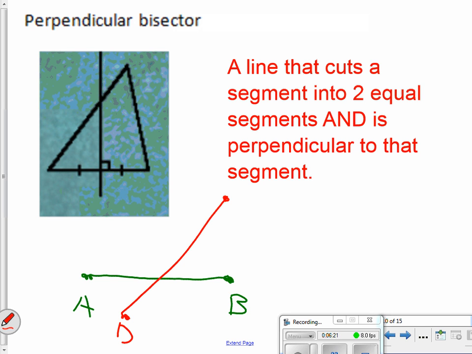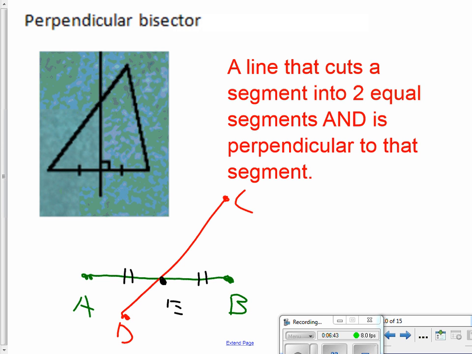We'll call this CD, and it goes through AB right here in the middle. We'll call it E, so that A to E is exactly as big as E to B. So CD would be considered a bisector. It's a segment bisector because it cut AB exactly in half.